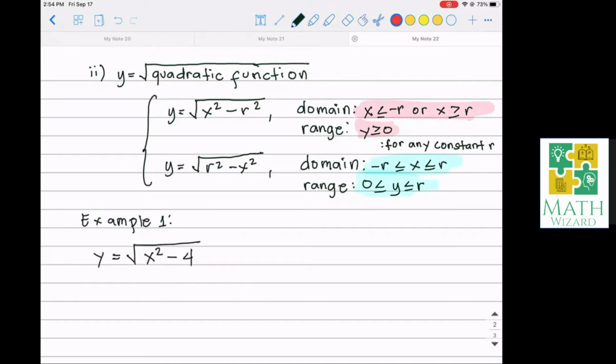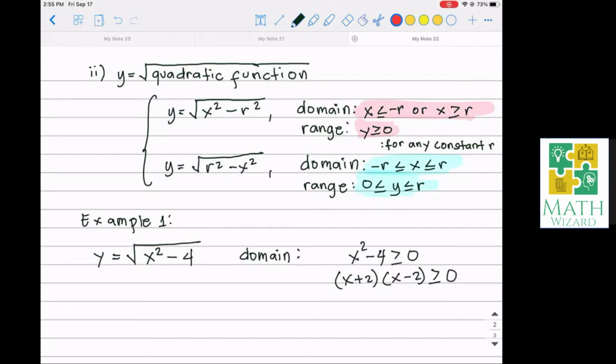So for us to find the domain and range, the process would be, getting the domain, that would be x squared minus 4 is greater than or equal to 0. And then we need to factor this. So factoring x squared minus 4, it becomes x plus 2 multiplied by x minus 2 greater than or equal to 0.